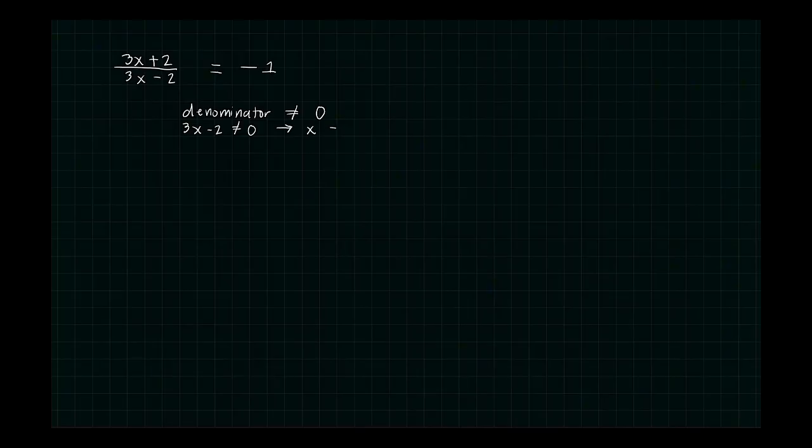So it becomes x is not equal to 2 over 3. So we will cross multiply. 3x plus 2 equals negative 1 times (3x minus 2), which is equal to negative 3x plus 2. So we will collect like terms.